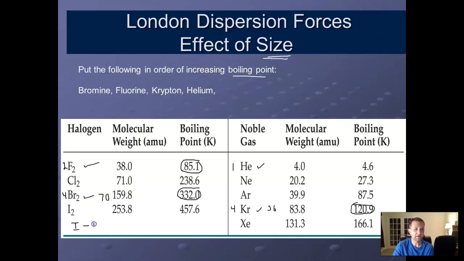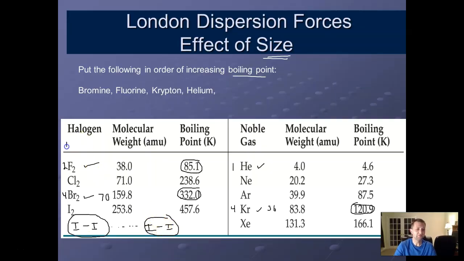So I have an iodine molecule right here, and that's going to be attracted to another iodine molecule over here. This force of attraction is really strong because you have an iodine molecule with 53 electrons in each iodine. So it's 106 electrons here, 106 electrons here. Big time temporary dipole that could be created, right?